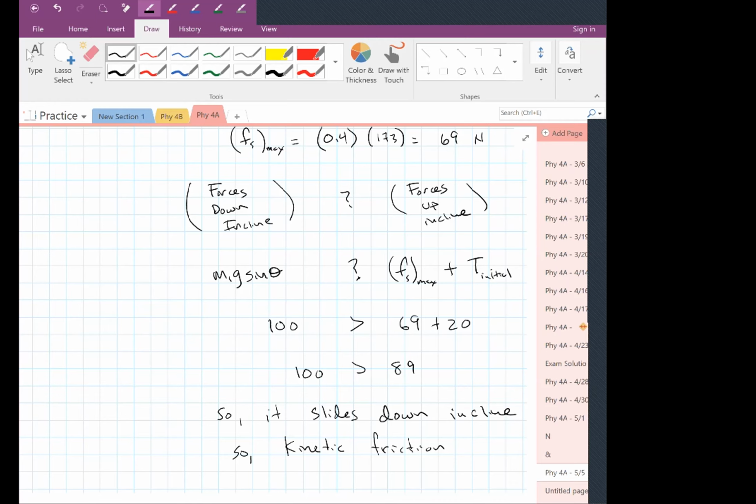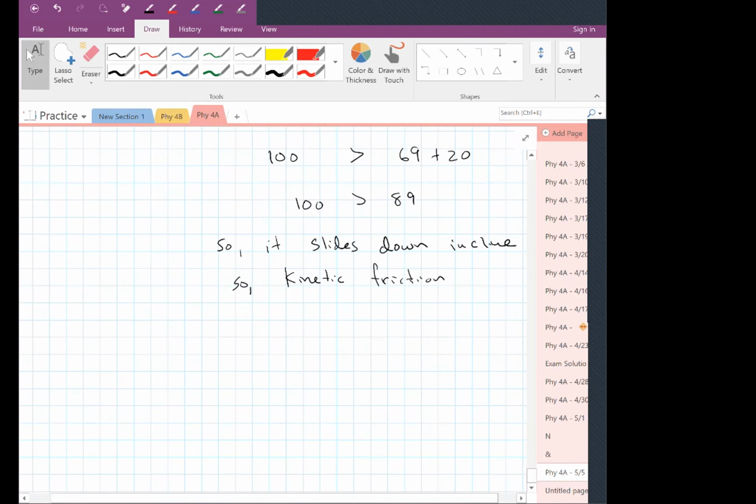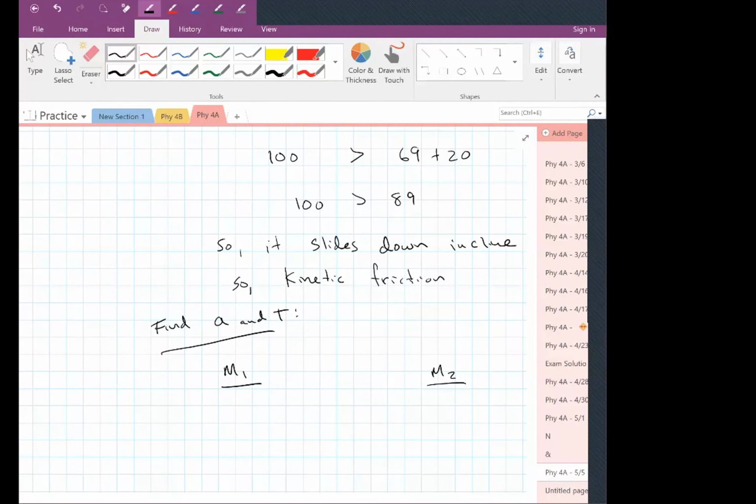So now we know it's kinetic friction, so we can find the acceleration and the tension. We have two masses in our system, and for each mass we can say sum of the forces equals ma, Newton's second law. So we get an equation for each one: two equations, two unknowns, and we can solve simultaneous equations. Let's do the easy one first, M2.